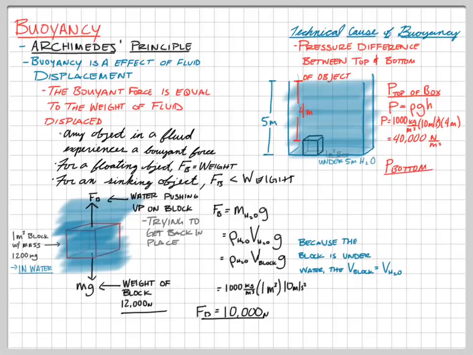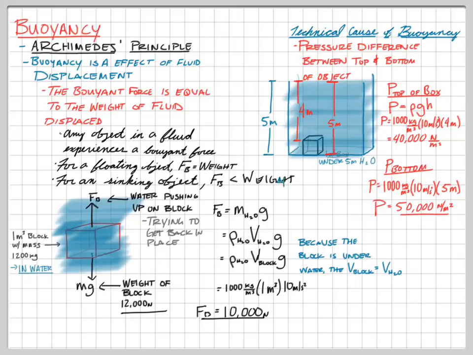Pressure on the bottom of the box, we're going to use 5 meters instead of 4. That comes out to be 50,000 pascals.